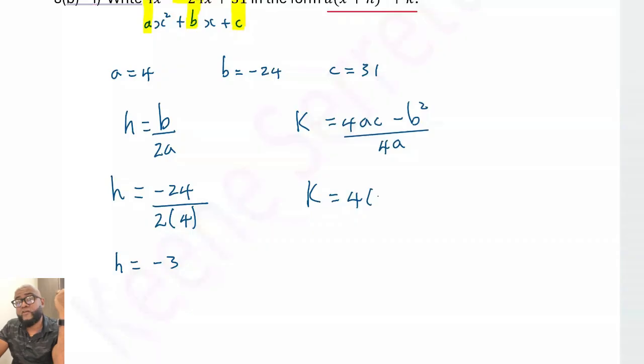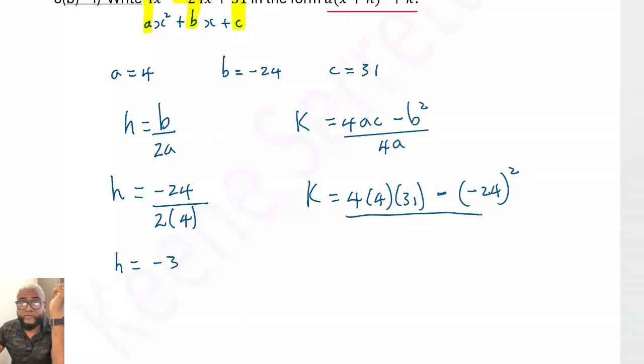So let's go. 4 by what is a? What is c? 31. Minus what is b? Negative 24. So I do negative 24 squared separate from this negative here, right? All over 4 by what? 4 by 4, because a is 4. Everybody good there? Work out the top for me.